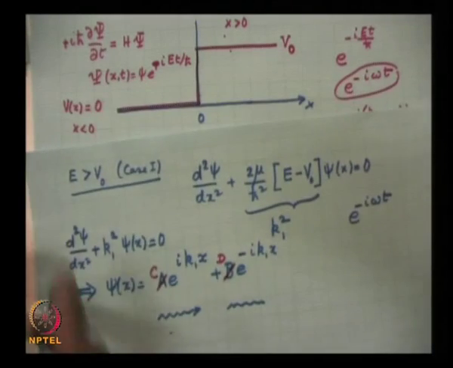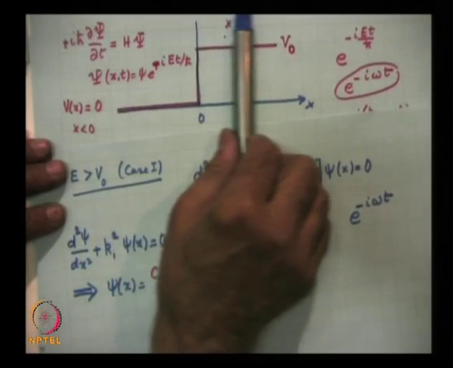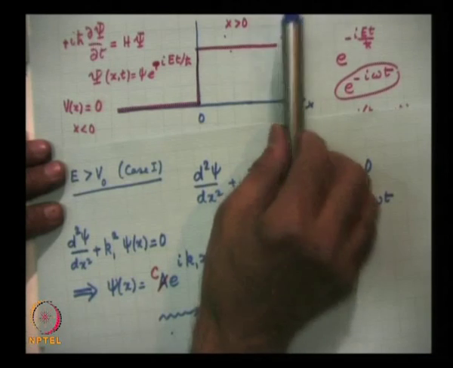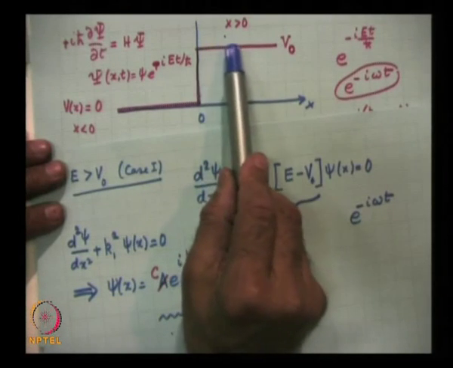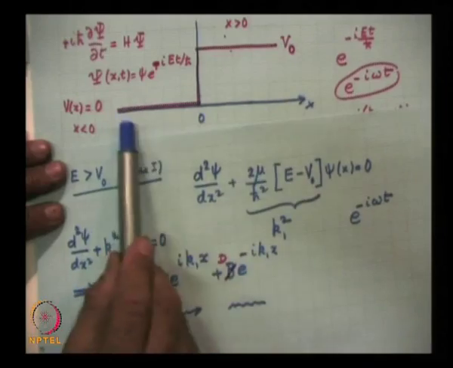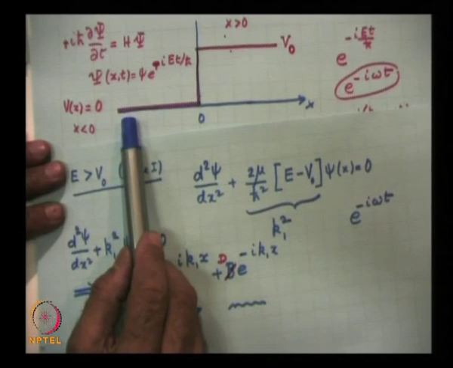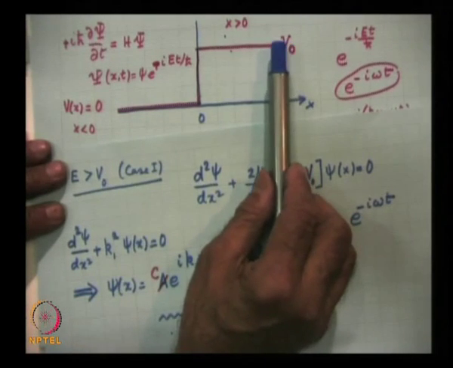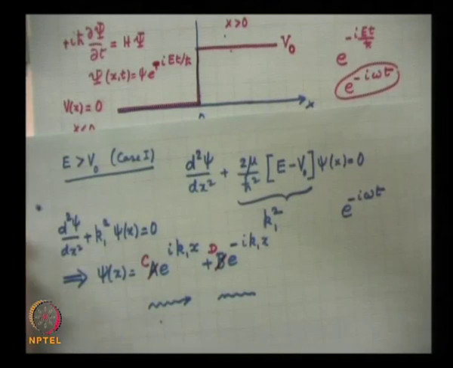Now, a wave is propagating in this direction and this potential extends to infinity. So, there is no reason why there should be a reflected wave here.